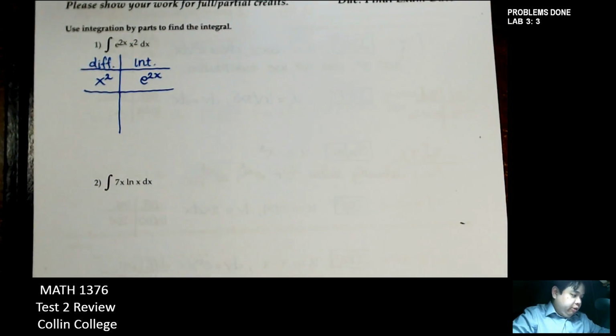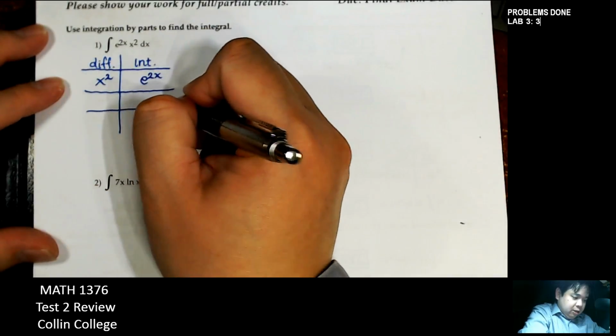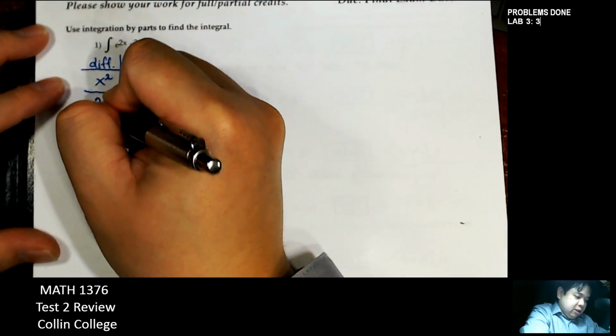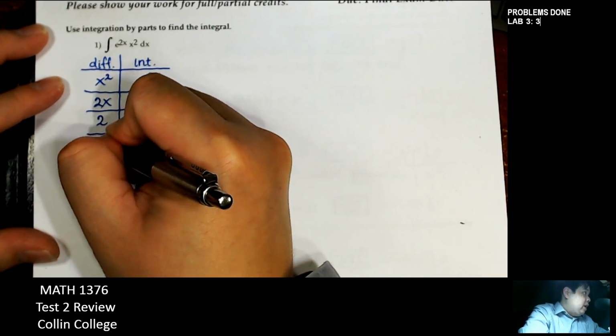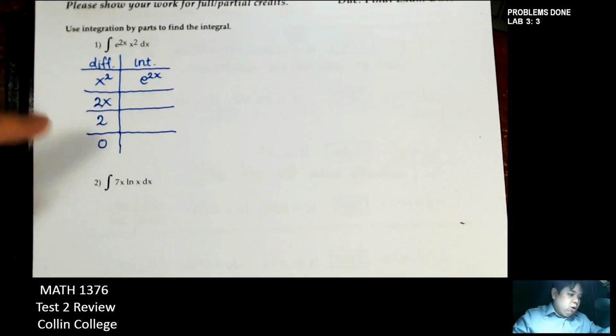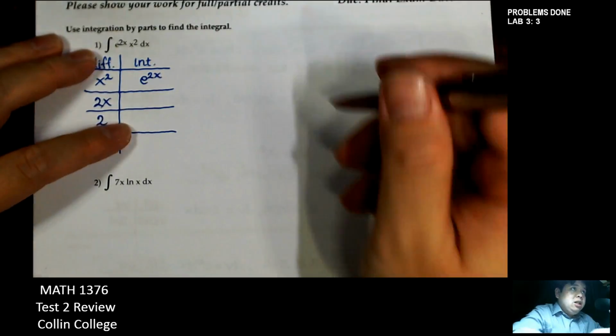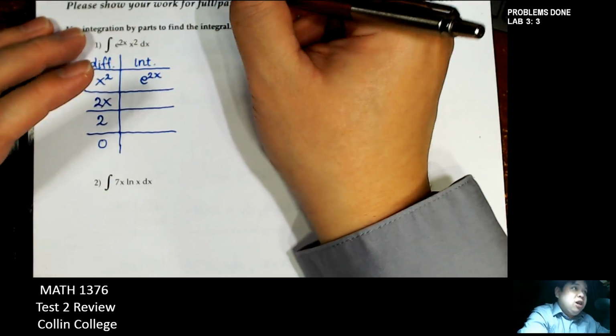Right. This side I will differentiate: x squared, 2x, 2, and 0. The other side I will integrate. Integrate, I should write this earlier.